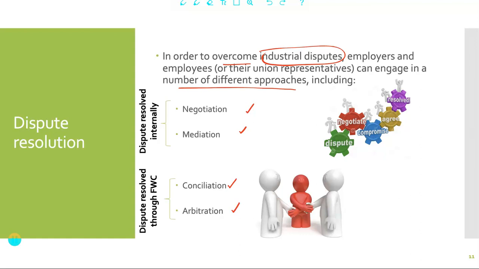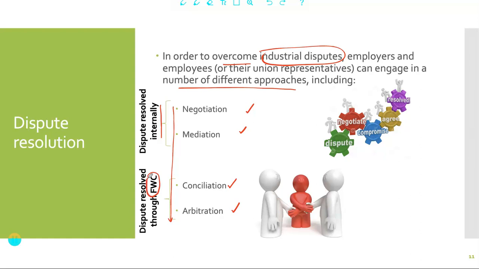Logically, this will also work as a bit of a flowchart of the options. Because logically, we should try and overcome these disputes internally, so in the business, just with those parties, prior to going external where it is resolved by the umpire or the Fair Work Commission.